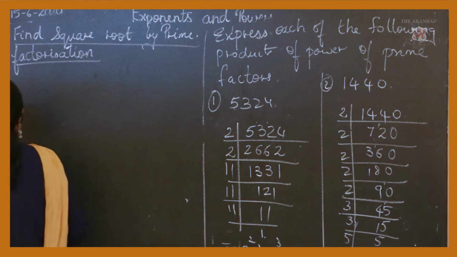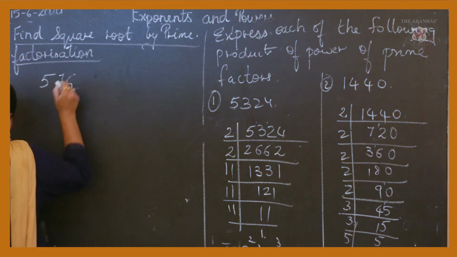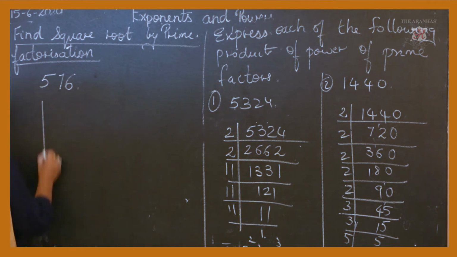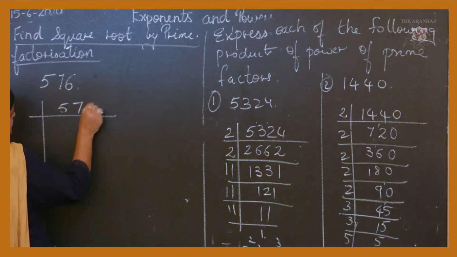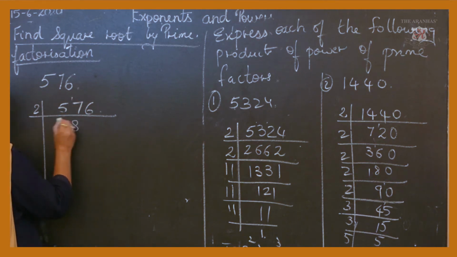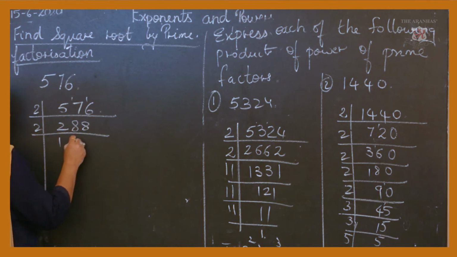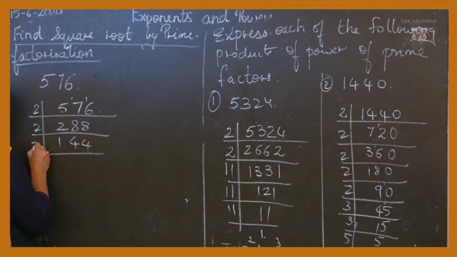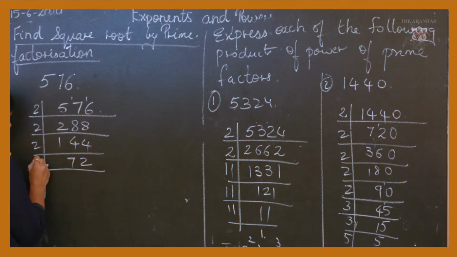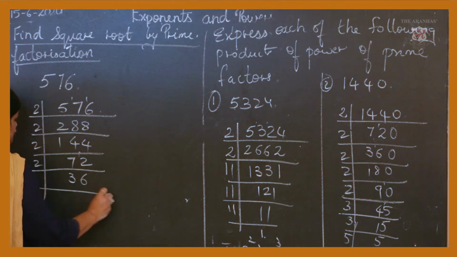Now here I am taking, suppose, 576. So here again 576, 2 twos are 4, 2 eights are 16, 2 eights are 16, 2 sevens are 14, 2 twos are 4, 2 threes are 6, 2 sixes are 12.